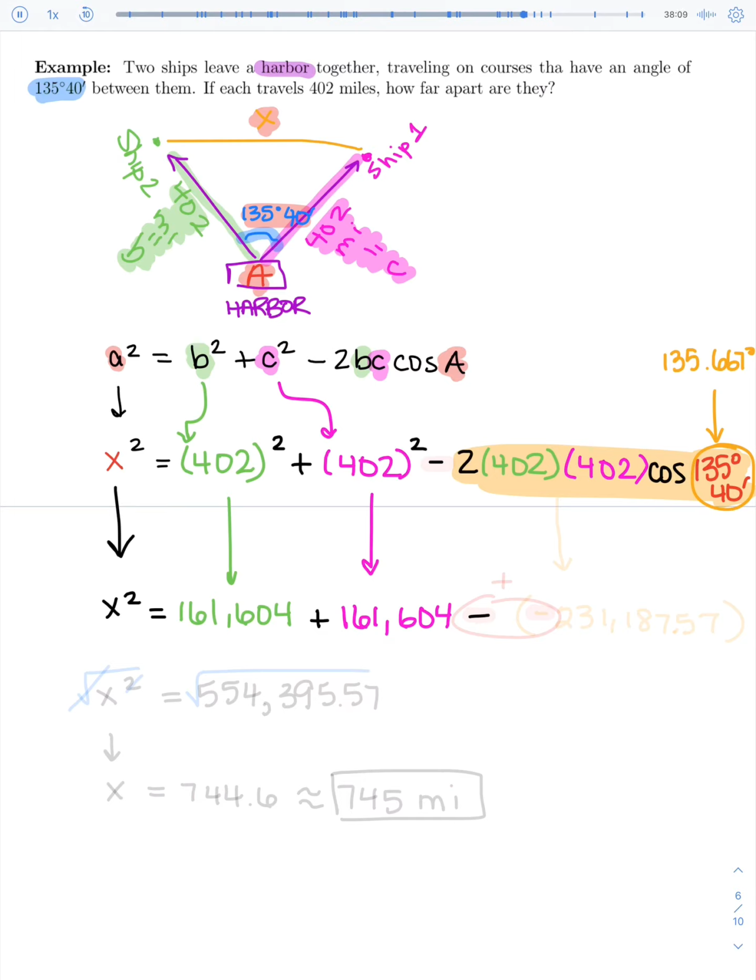So you'd be actually doing cosine of 135.667, depending on how you round. So let's go ahead and see what happens when we multiply this, the 402 times the 402 times the cosine of the 135.667. Now what we get is actually rather large and negative.